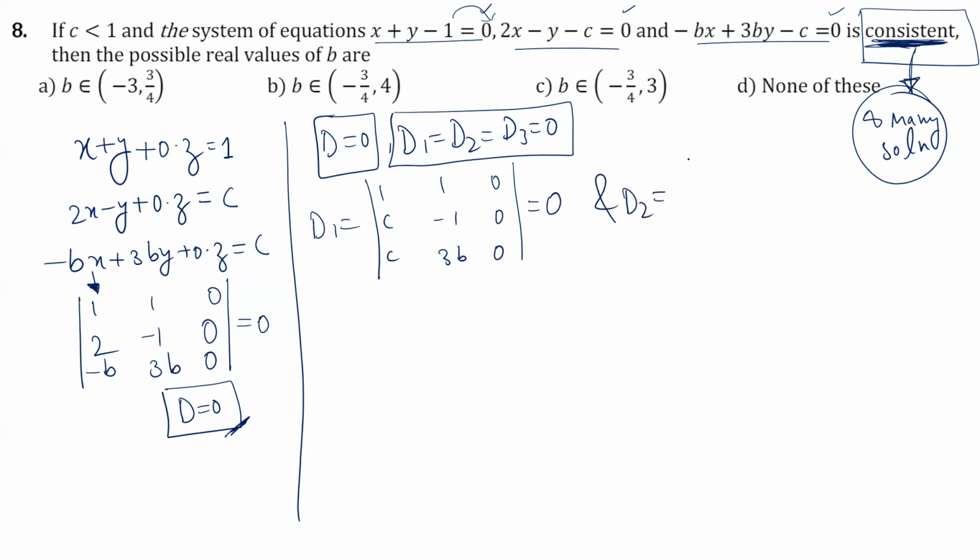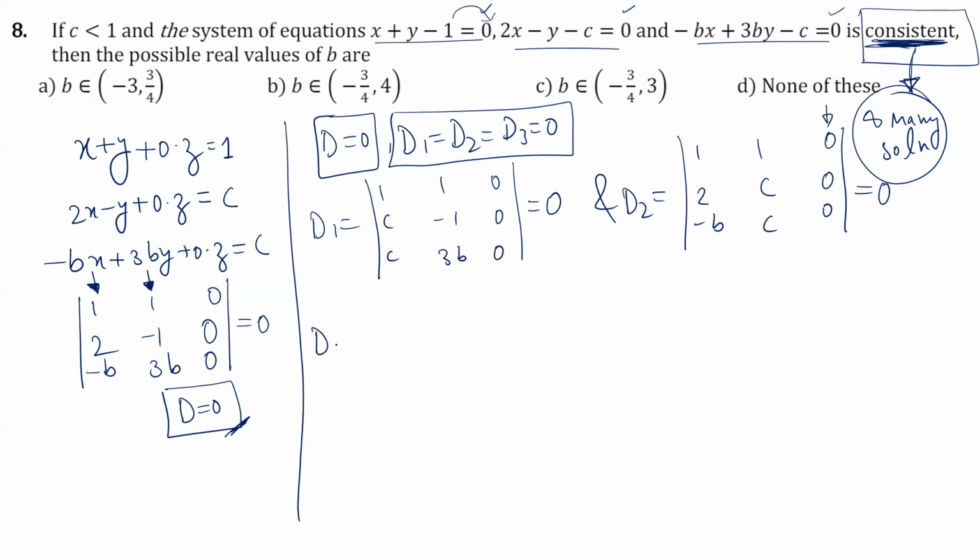And if you observe D2, that will also be kind of the same, because here you replace the coefficient of y with the constants. So this will be 1, 2 minus b and 1, c, c, and this is 0, 0, 0. Then it becomes 0 because the third column is 0 here.